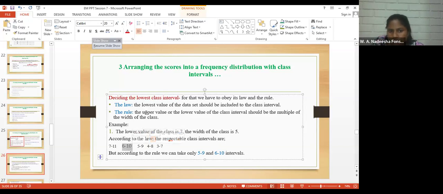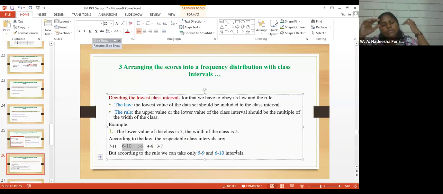So according to the rule, the upper value or the lower value should be a multiple of the width. Here the upper value is a multiple of the width, and here the lower value is. So according to the rule, we can select only these two classes: 6 to 10 and 5 to 9.